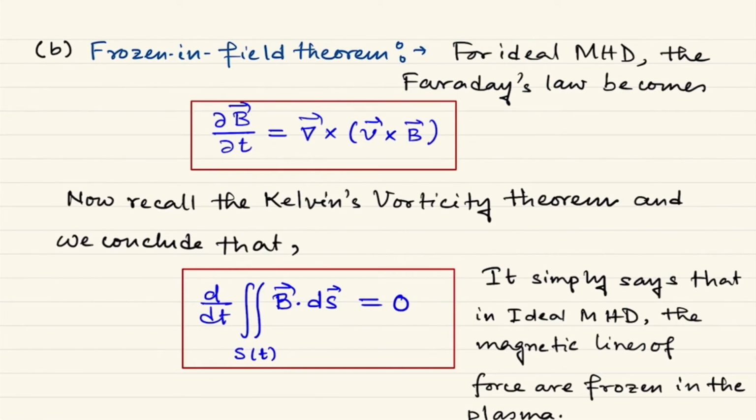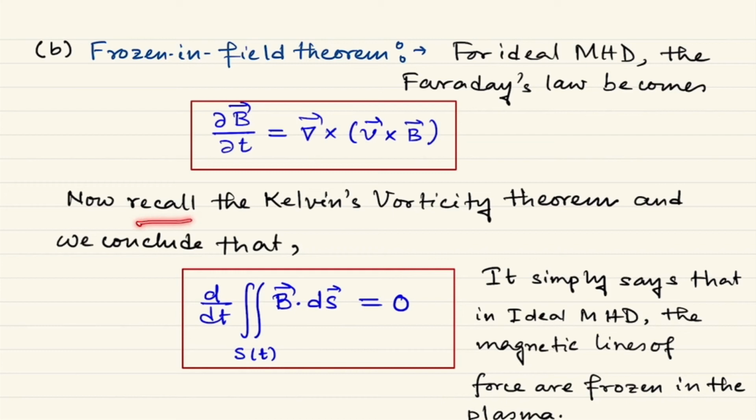Now coming to another interesting thing, which is the frozen-in field theorem for MHD. For ideal MHD, we can remember from the last discussion that Faraday's law becomes del B del T equals curl of V cross B, because the eta nabla square B term is dropped.